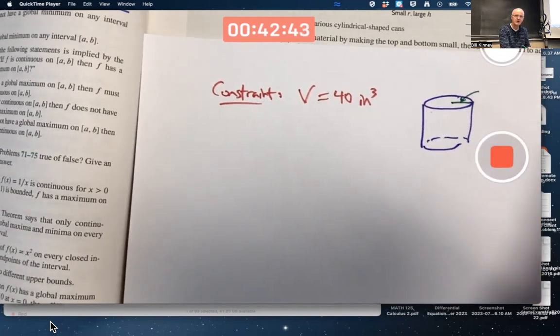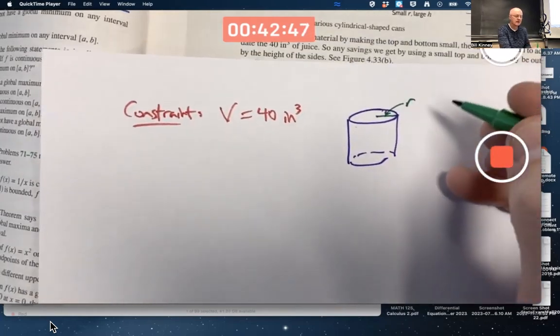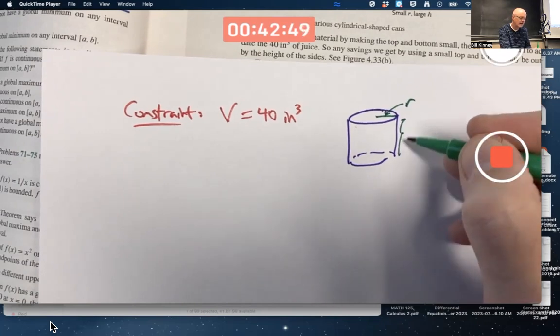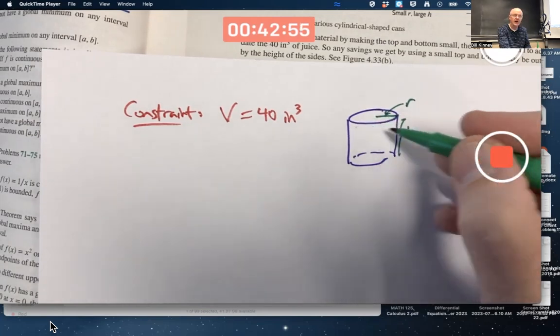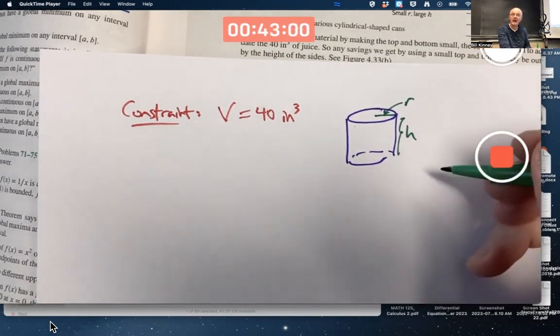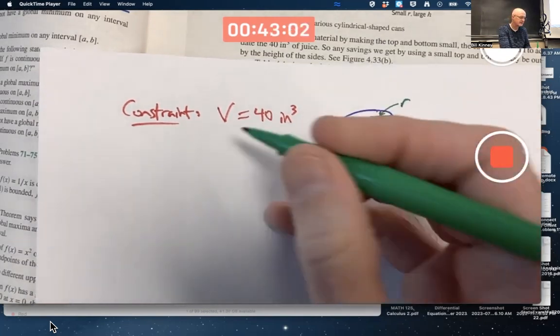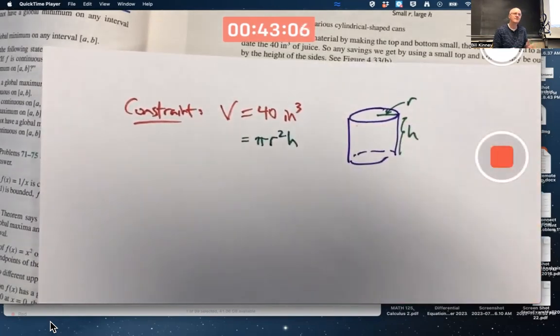I'm drawing this three-dimensionally with perspective, of some radius r, and the cylinder has some height h. The volume is going to be the area of the circle on the top, pi r squared, times the height, h. Pi r squared times h.